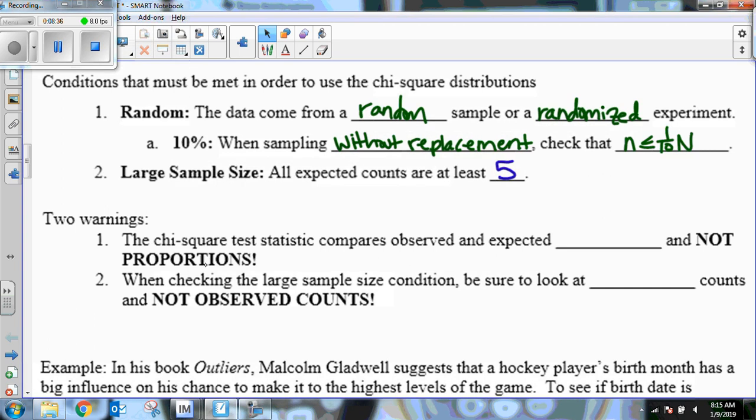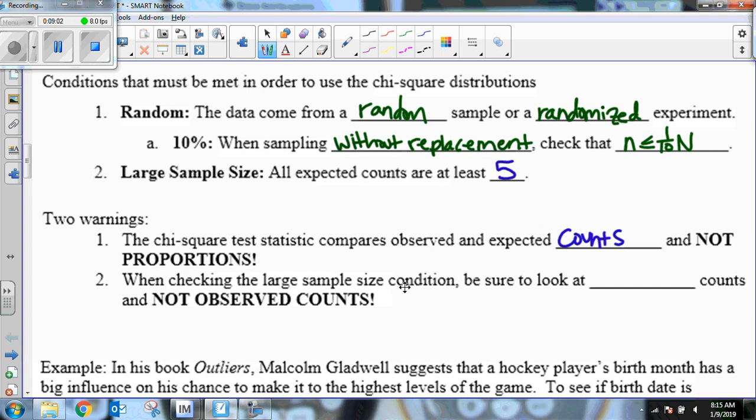Okay, so a couple warnings about that last condition especially. The chi-squared test statistic compares the observed and expected counts. You noticed yesterday that we didn't use the percentages, we used how many Skittles. So how many Skittles of each color did you get, and then we compared it to how many Skittles we would have expected out of that sample. So we used the counts, not the percentages like we're used to.